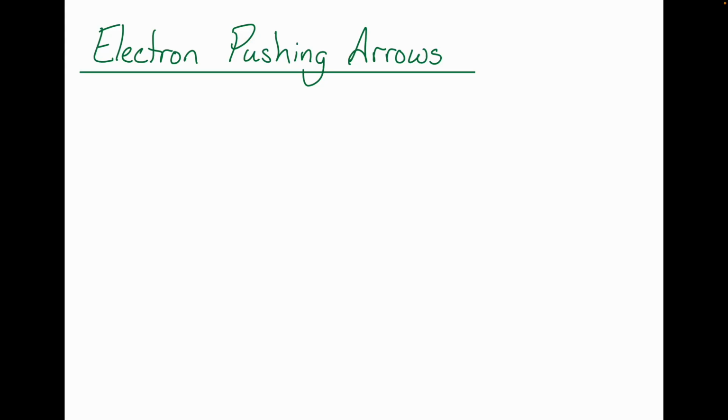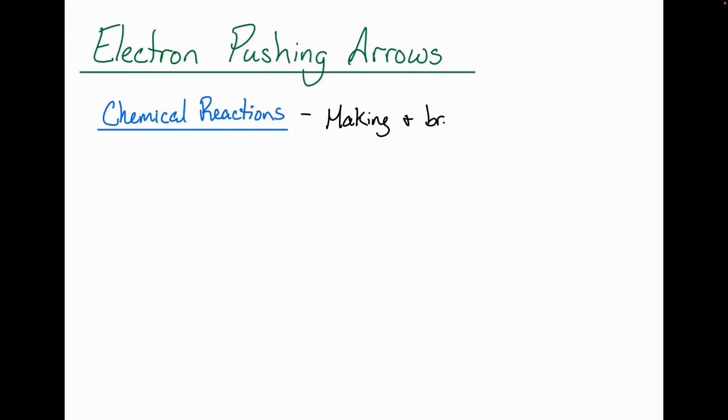As you guys know from last semester, a big focus of organic chemistry is studying chemical reactions. And when we're talking about chemical reactions, we're talking about making and breaking these chemical bonds. In organic chemistry, we're specifically focused on a particular type of bond because we're always talking about nonmetals.